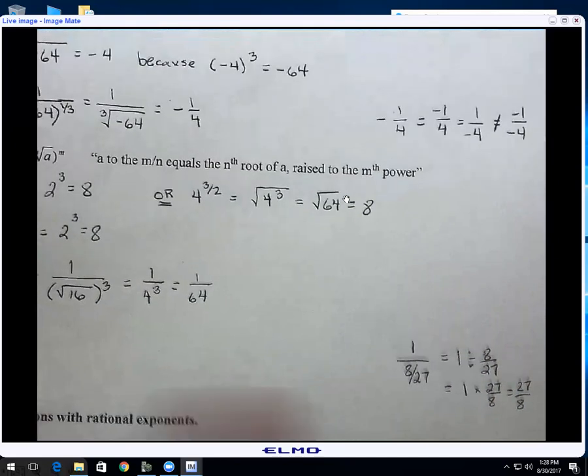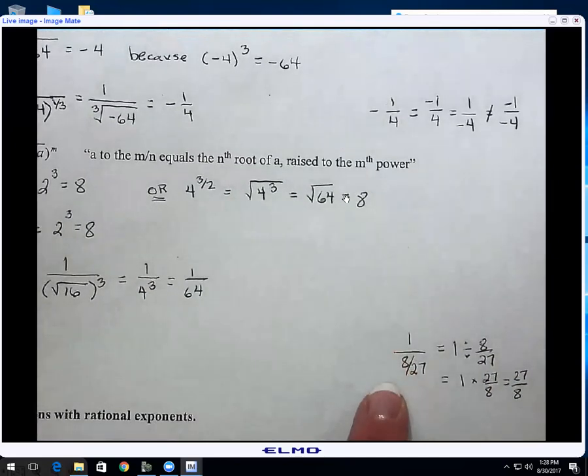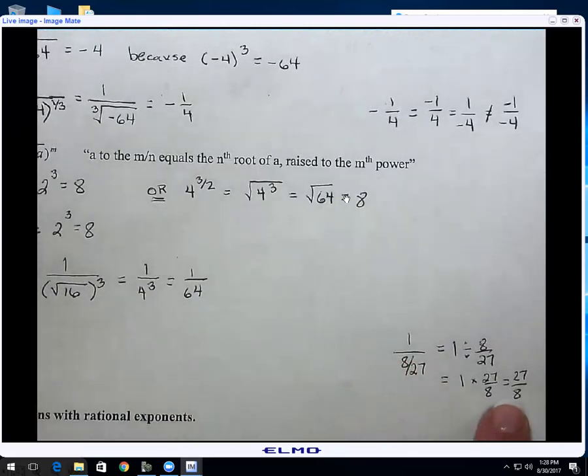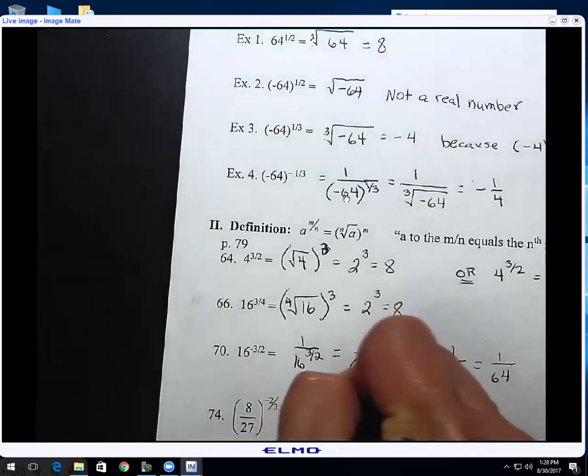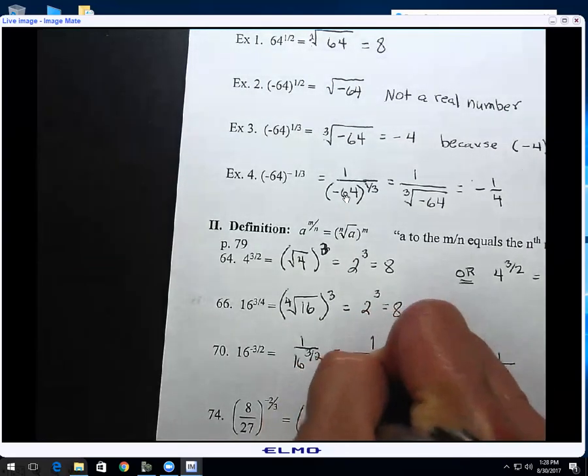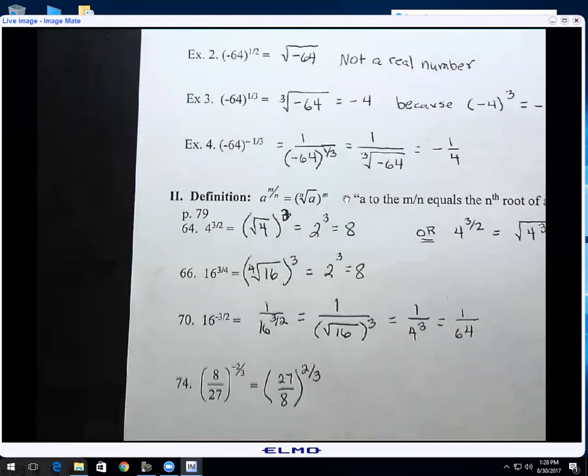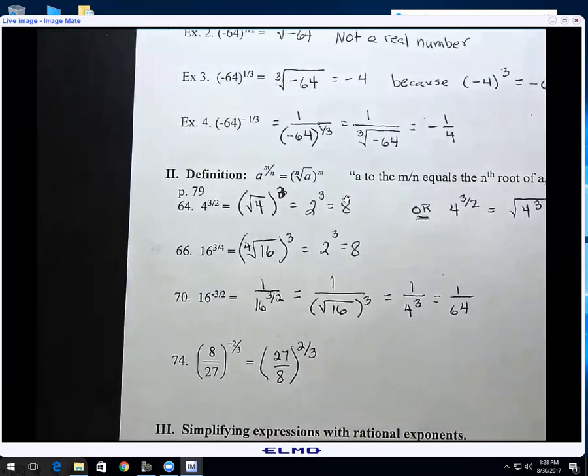So there's no point in writing 1 over 8/27. 1 over 8/27 just flips it to 27 over 8. To write that with a positive exponent, all you have to do is write it as 27/8 to the positive 2/3. Go ahead and finish that one if you haven't.